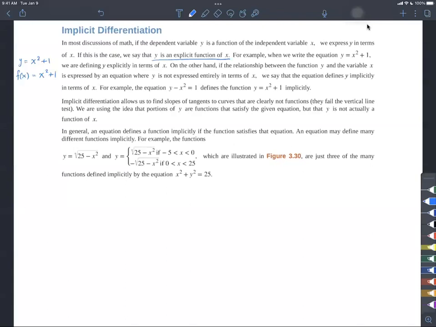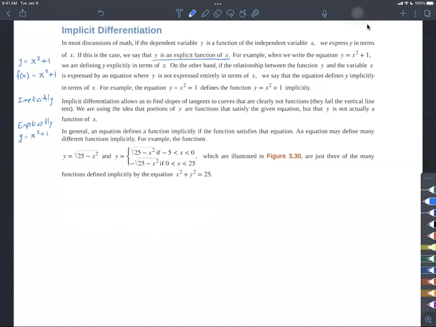So there's implicit, and there's explicit. Explicitly defined in terms of x would be where y is equal to x squared plus 1.